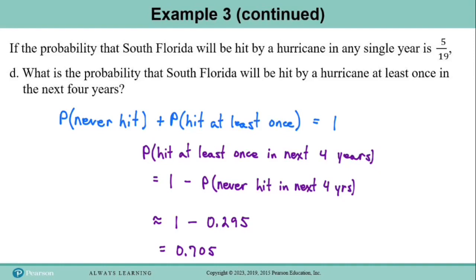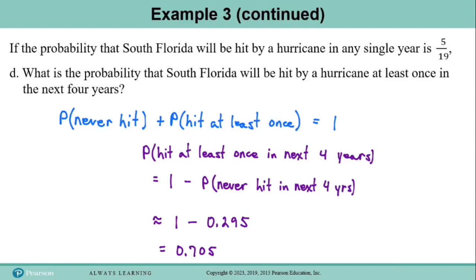But those are not complements because there are other things that can happen. Remember, complements cover every possibility in the sample space. So these two events are complements. Either they are never hit by a hurricane or they are hit at least once, meaning once, twice, 3 times, 4 times, however many.